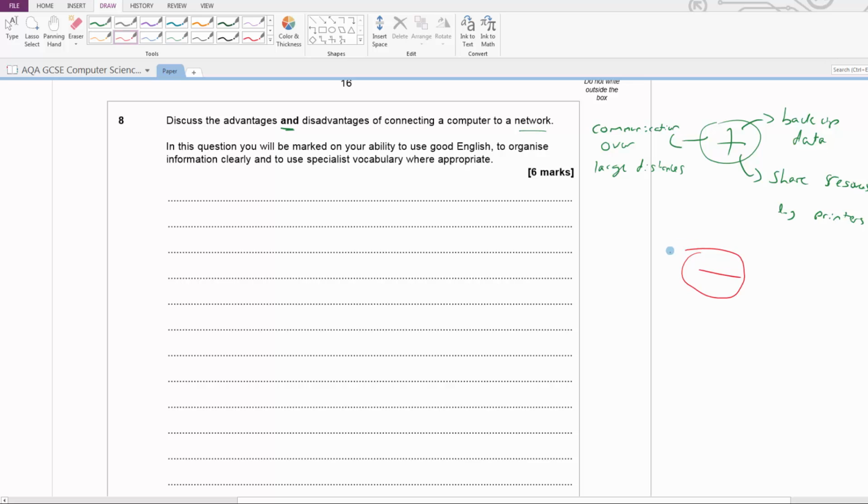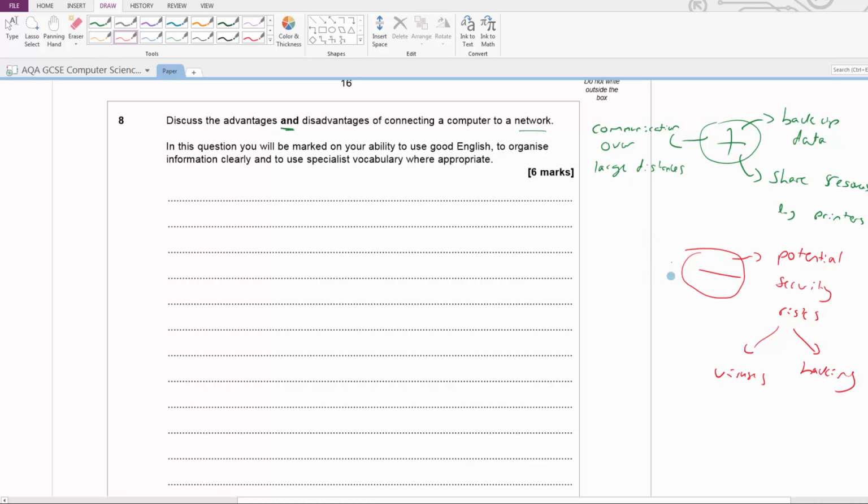So the most obvious disadvantage to connecting to a network is it makes you more vulnerable to security risks. I want to say potential security risks because you can obviously reduce the risk. Security. And so this would be things like viruses and hacking are the 2 main categories you might want to talk about.